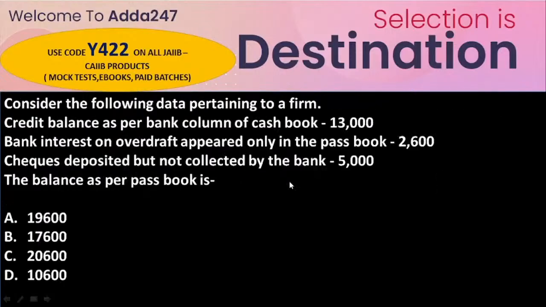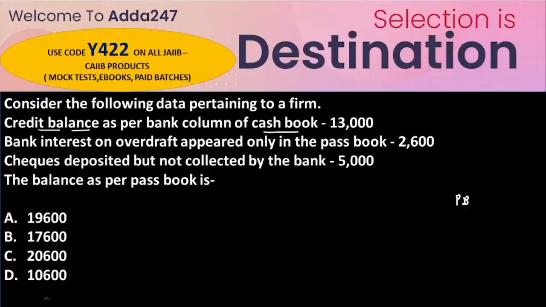Now the next question is related to the bank reconciliation statement, and here you have to find out the balance as per the passbook. Whenever the credit balance is given, you have to consider this figure as negative. Here the cash book balance is given, so the way I always explain, you always have to write this way.